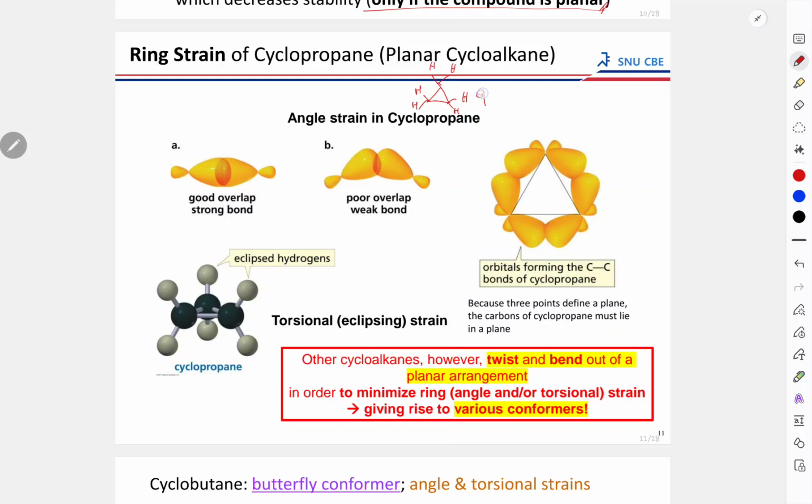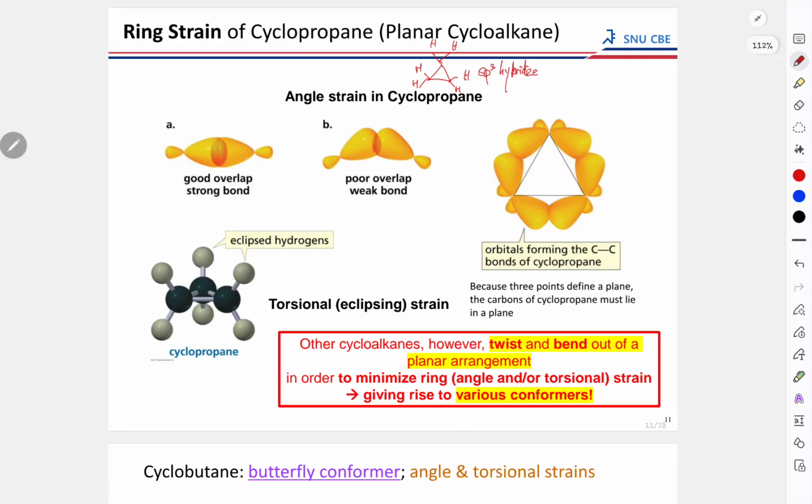So these must be the sp3 hybridized orbitals. You need to accommodate a strong bond. These two have to have a large amount of overlap. So A is a good one. But B, you can imagine the degree to which these two orbitals overlap is quite small. So compared to your A case, this will give you a weak bond.